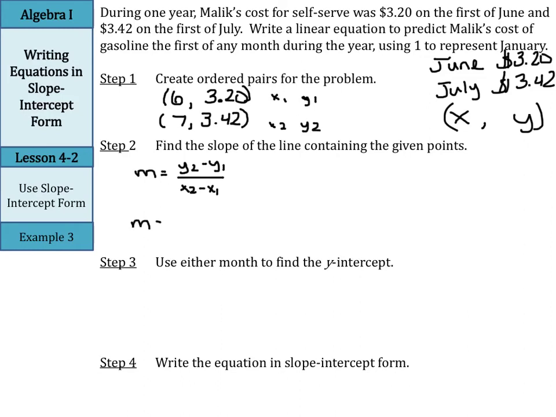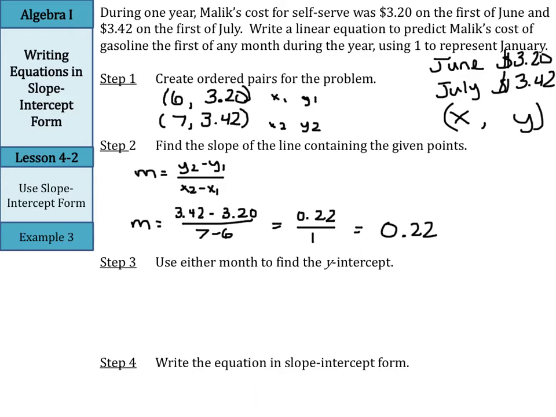So our slope is going to equal the y2 of $3.42 minus our y1 of $3.20 over 7 minus 6. Now this simplifies into 0.22 over 1. Well, let's just for this go ahead and call this a slope of 22 hundredths.